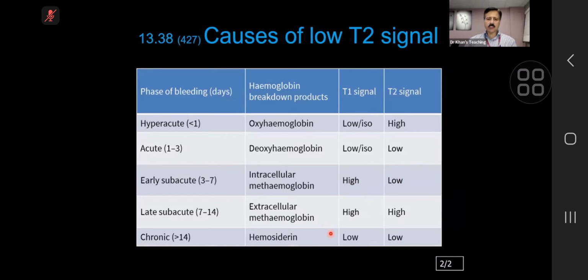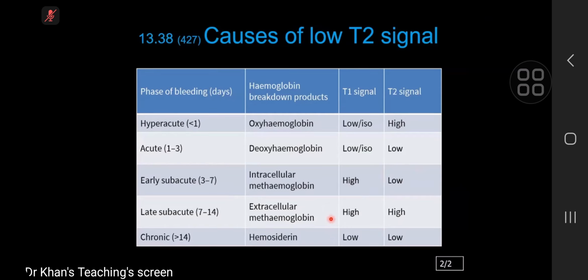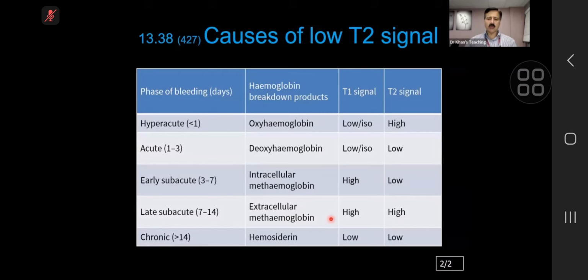Please remember the conventions. Few things which I want to highlight is that this chart is for intraparenchymal hematomas, and it depends on oxygen tension. So if there is a subdural hematoma or let's say extradural hematoma, it might take more time to change. Number two is, convention is that if a hematoma has got various types of components, it is classified by the oldest component.